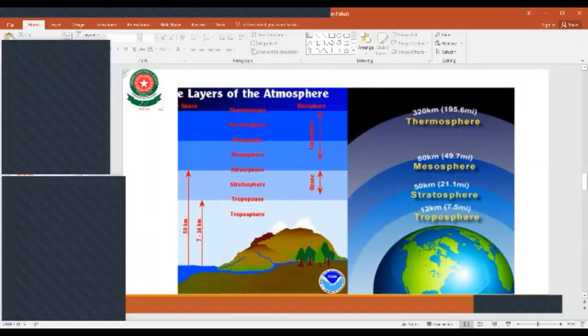And the last one is the thermosphere, which ranges from 320 kilometers to 500 kilometers.